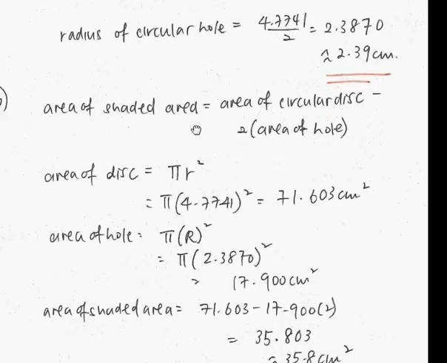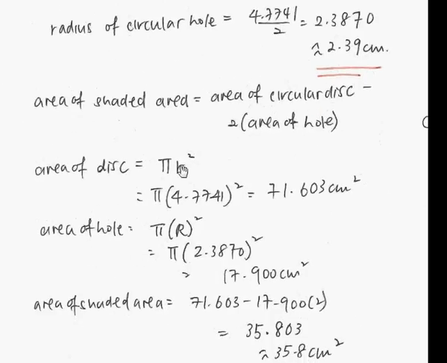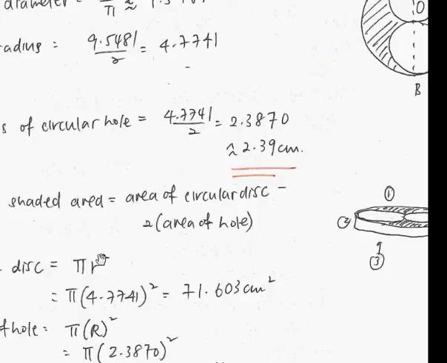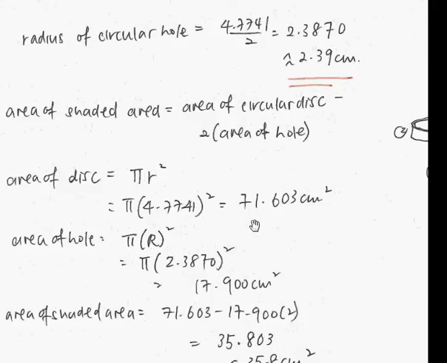Okay, the total area of the circular disc is pi r square, where r is the radius of the circular disc, which is 4.7741, and we get the area to be 71.603 centimeters square. The area of the hole is pi r square, where r is the radius of a circular hole, which is 2.3870, as we found earlier.